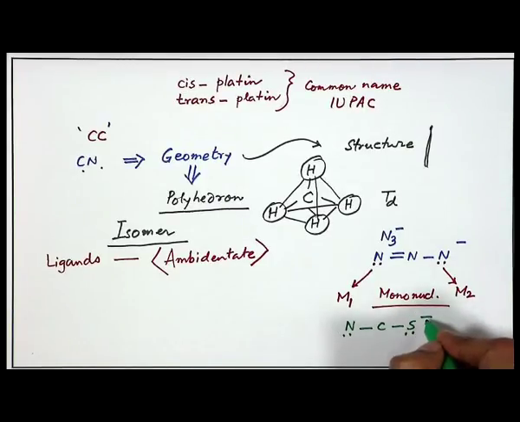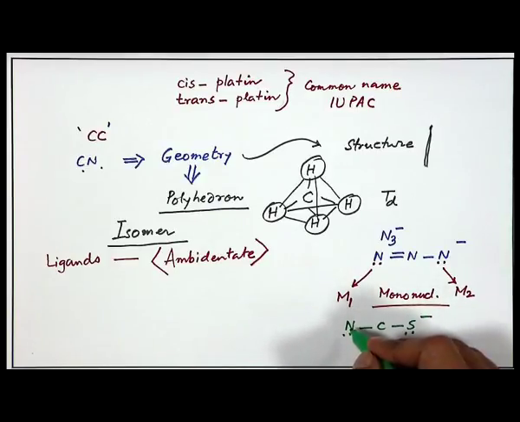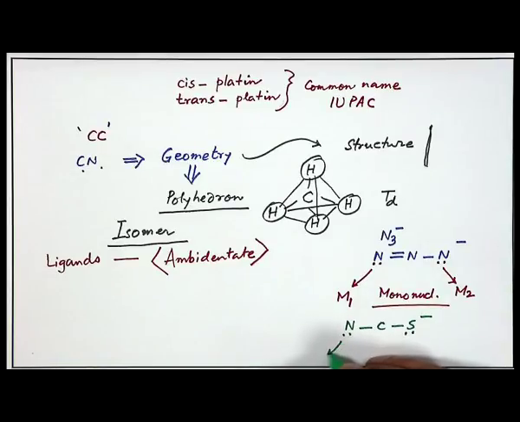That means the extra electron can reside on the sulfur or on the nitrogen. So, now the situation is a little bit different, when either the nitrogen of the anion or the sulfur of the anion can coordinate to the metal center.